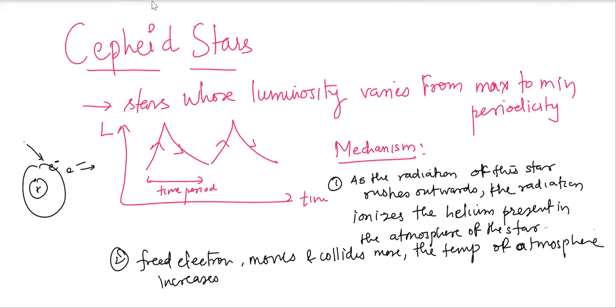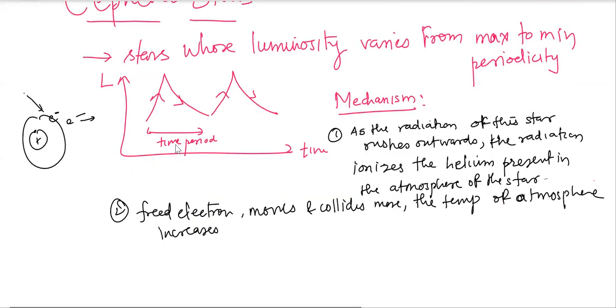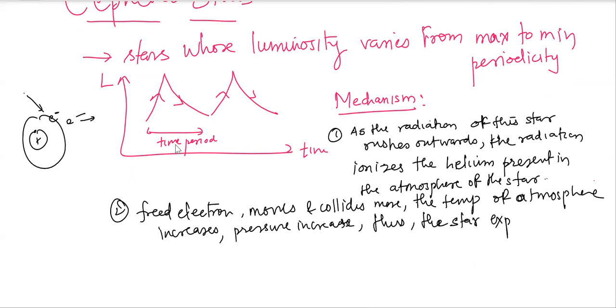Okay, so the temperature of the atmosphere increases, the pressure increases, and thus the star expands more, increasing the luminosity.